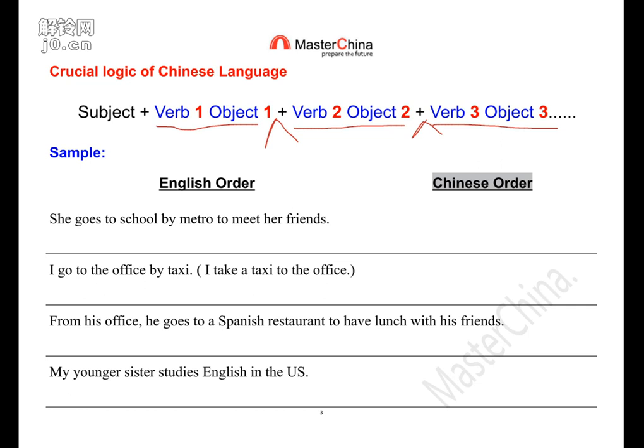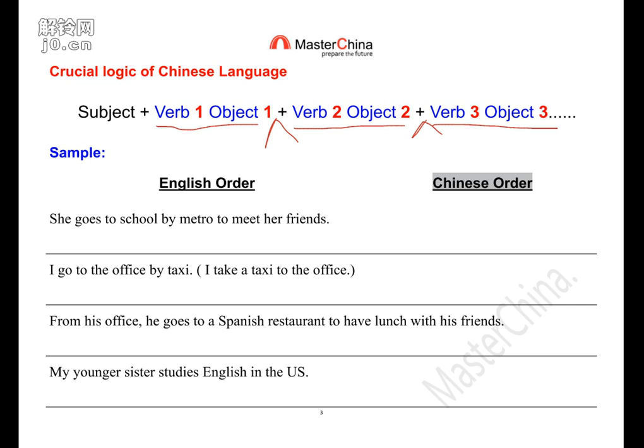So look at this example. We will compare English order and Chinese order. So we need to analyze each sentence. Then we check the difference of the expressions. We analyze first one, which one is action 1, action 2, and action 3.